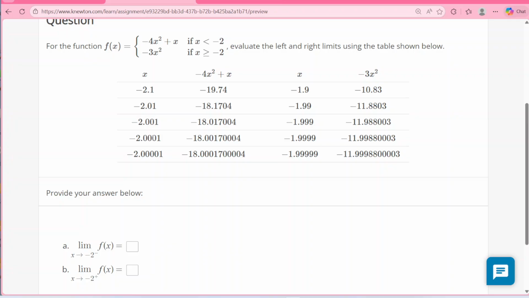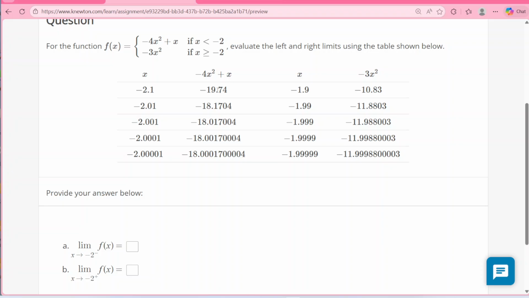So you see, that's this part of the table, the left half with x equals -2.1, then -2.01, -2.001, and so on. So you see how as the values of x get closer and closer to -2 on the left side, we'd be plugging into that top piece because that's where x values are less than -2. So that's why they got the -4x squared plus x here.